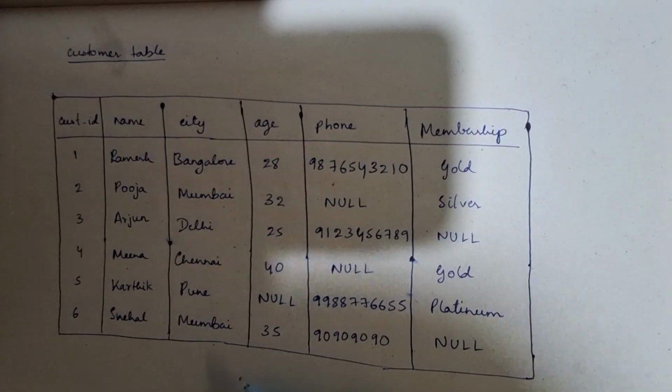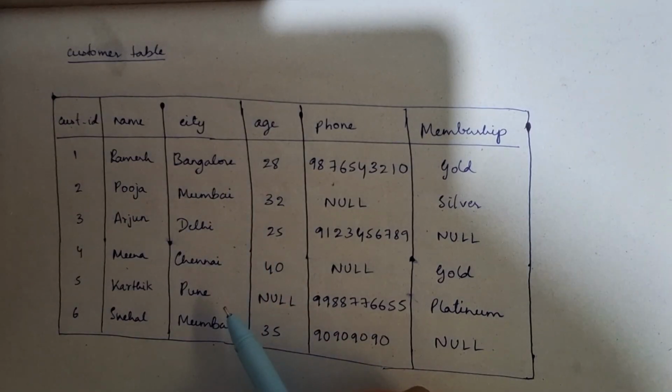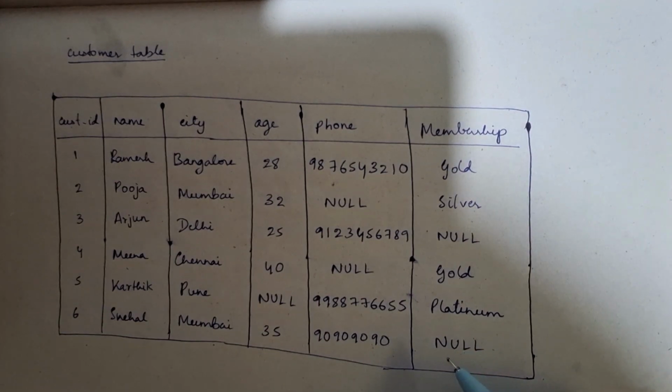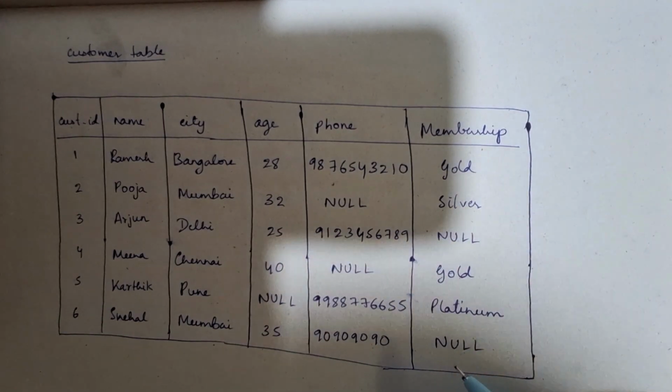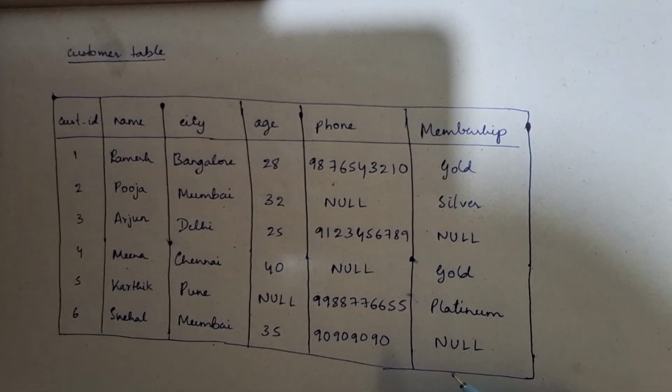Now when we check the same thing with the table, Ramesh, Karthik, Arjun and Snehal will be selected because Ramesh is from Bangalore, Karthik is from Pune, Arjun's membership is null and Snehal's membership is also null. Others are not from Bangalore or Pune and also they have membership, so they are not selected.